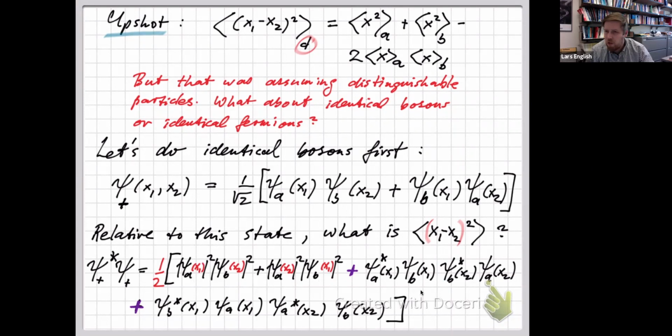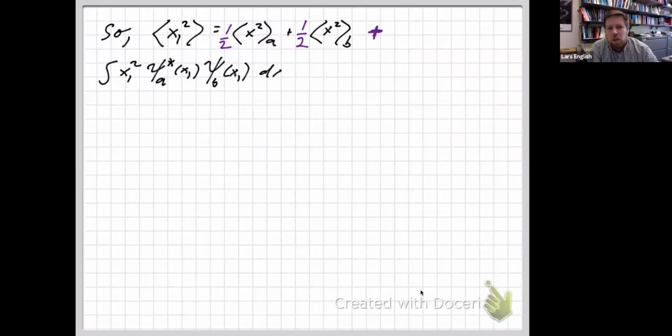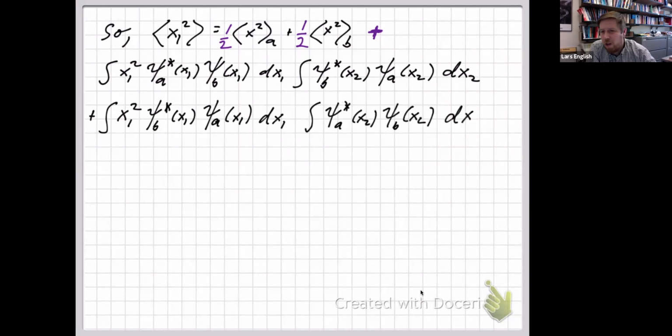But then what about these two cross terms? We're not done yet, right? So we have these two cross terms, and let's just write it out. Here is my first cross term, and then here's my second cross term. What I've already done is separate them into two separate integrals each, one that runs over x1 and one that runs over x2. So this is the contribution from the two cross terms from before.